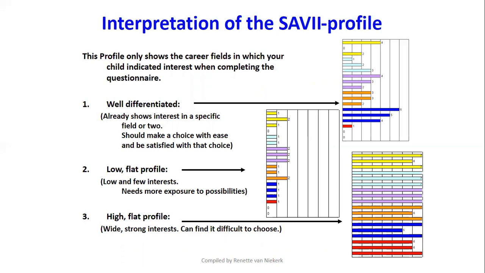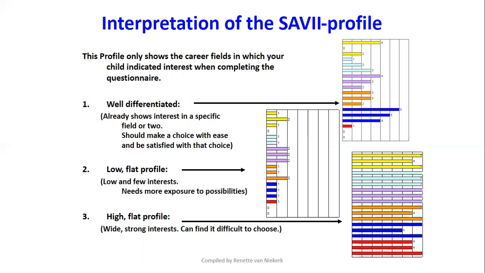If there's a low flat profile, it means you showed little interest in a few fields, and this might indicate that you need a little bit more exposure to the possibilities out there and could benefit from reading up a little bit more about different career fields to try and get your feeling about what you would like better.